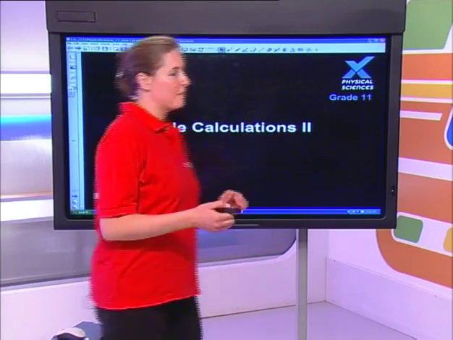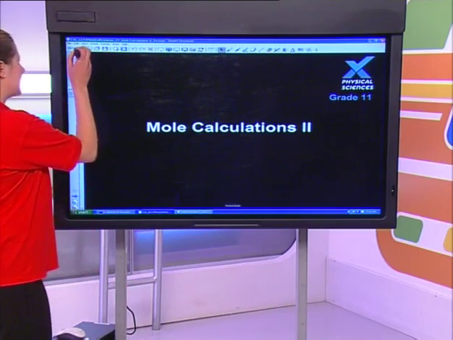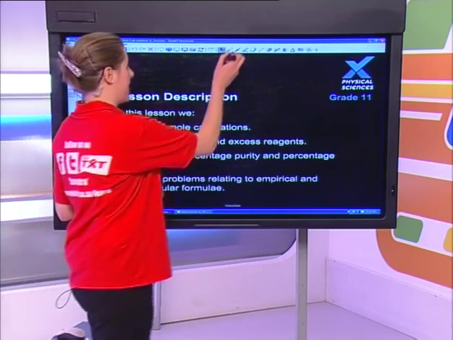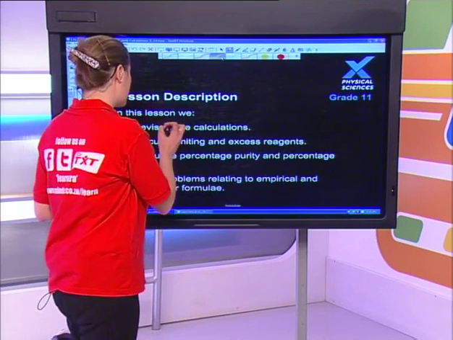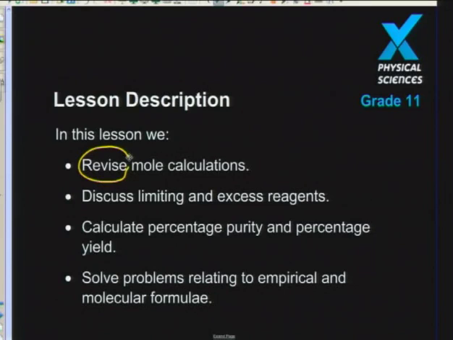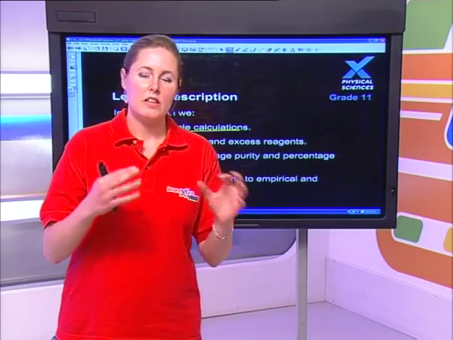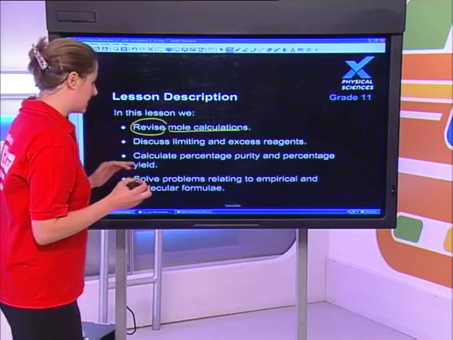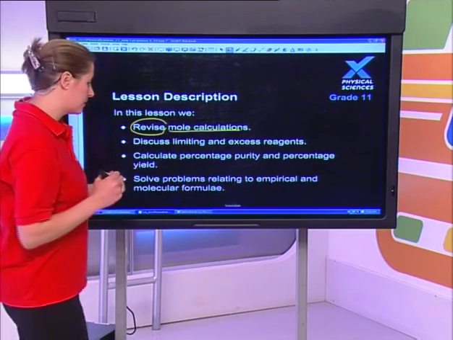Thanks, Looney. So grade 11s, what are we covering today? Mole calculations. It's our second session on mole calculations. In this lesson, we're going to revise a bit on mole calculations, because they are incredibly helpful and useful. Almost certainly you will get one of these types of questions over the course of your science course.